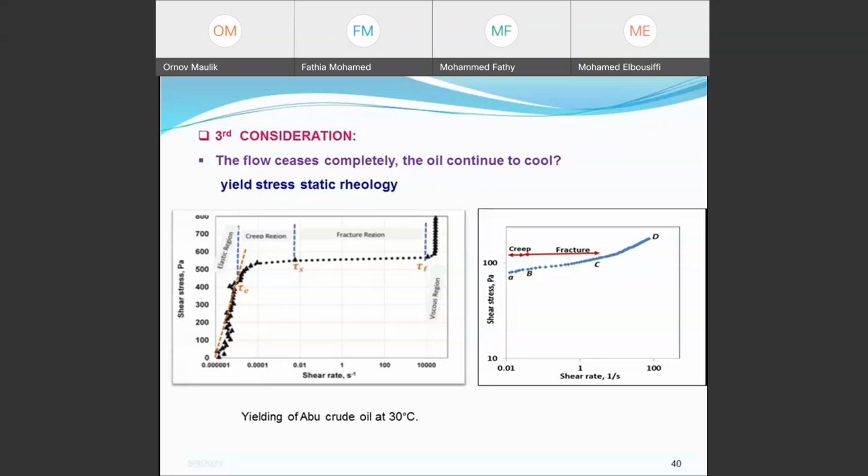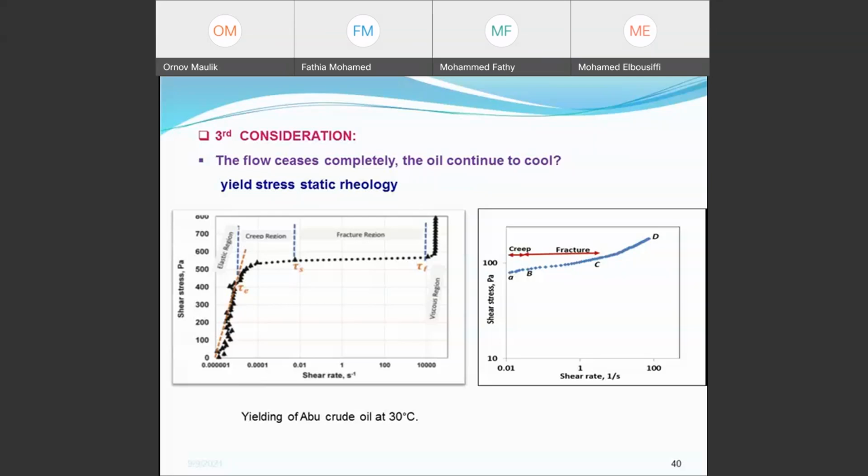On the right side, the only shear rate we could trace or monitor is 0.01. However, on the left side, by using the advanced rheometer, we go down to 10 to the minus 5. So it's very good.